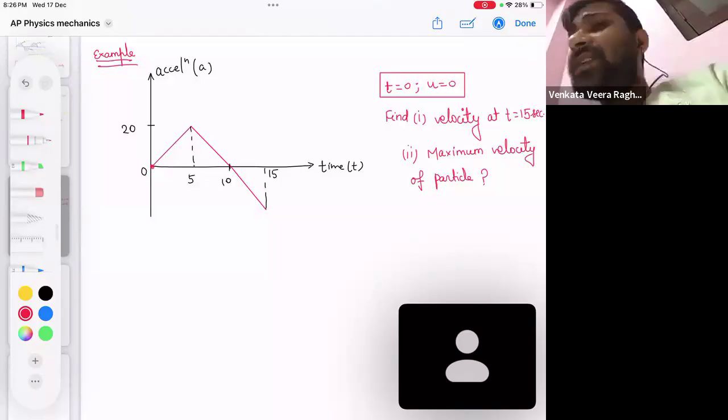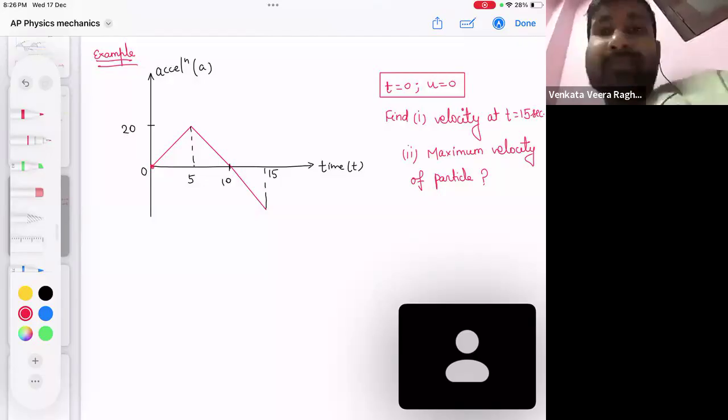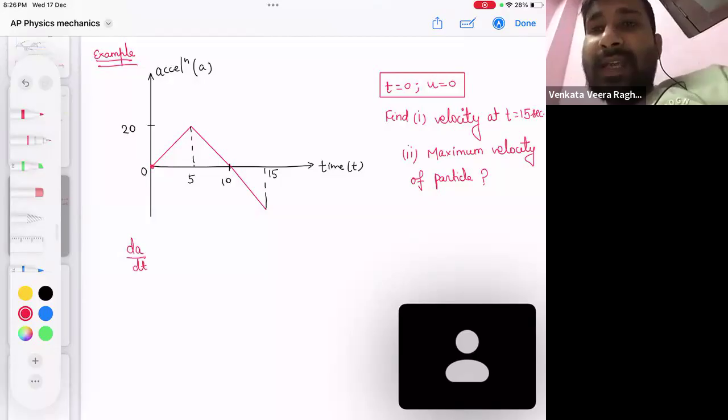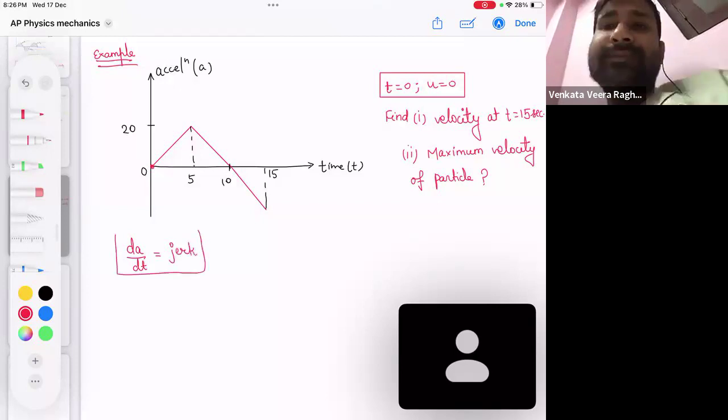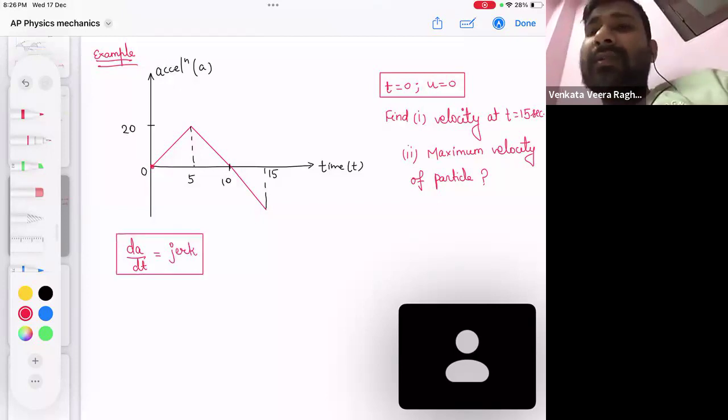Do you know what dA by dt is? It is the rate of change of acceleration, and that is called the jerk. Generally it is not asked in any question, but if somewhere they ask, dA by dt is called the jerk.